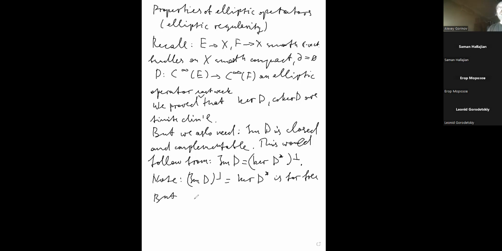But the formula we want to prove is not for free.